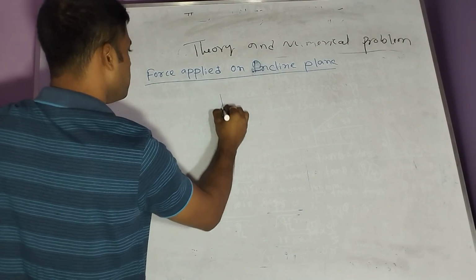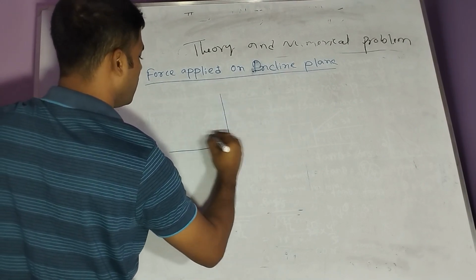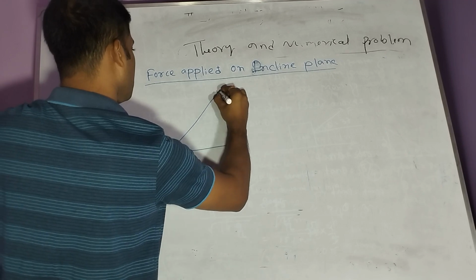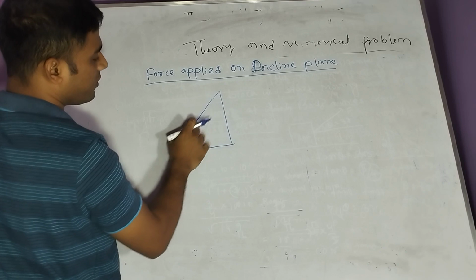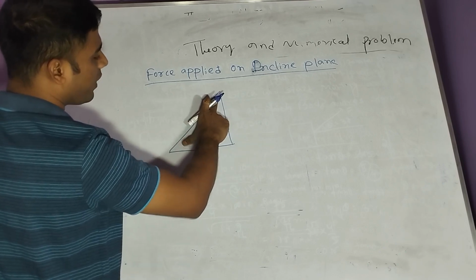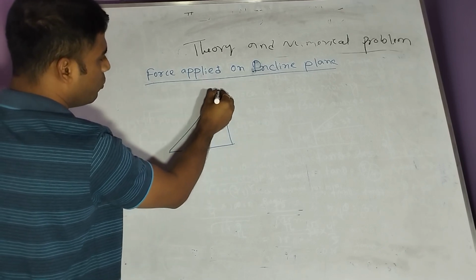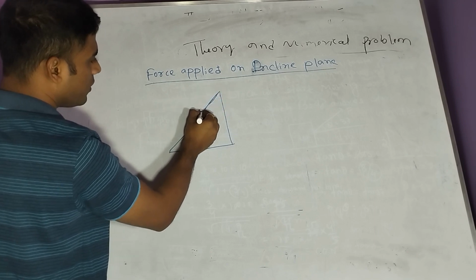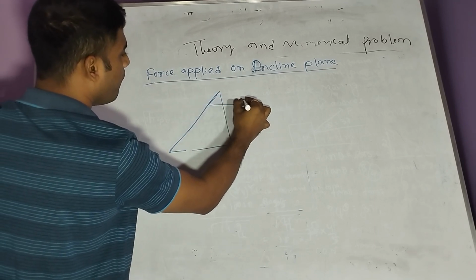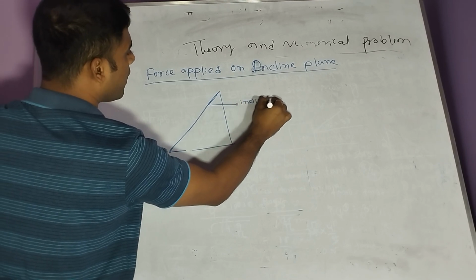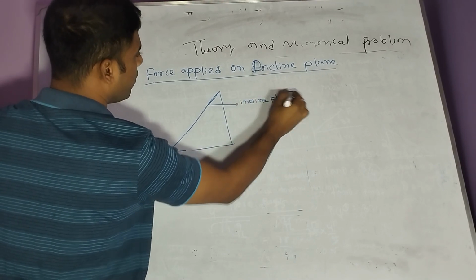This is the inclined plane. This is a triangle. This plane is the hypotenuse according to English. According to Bengali, this is the otibhuj. This is also named as the inclined plane. Otibhuj means inclined plane or hypotenuse according to English.